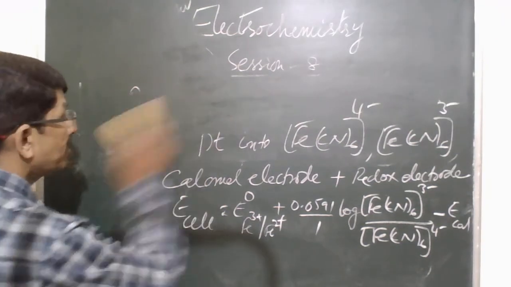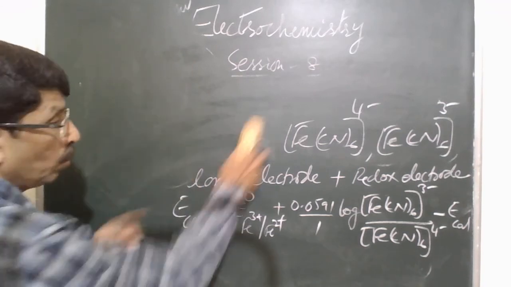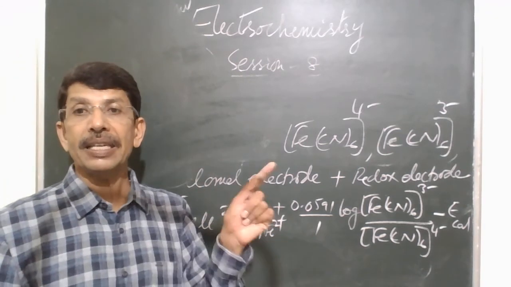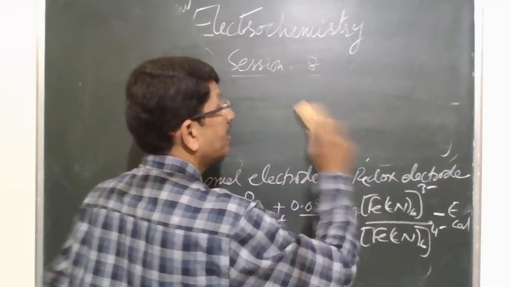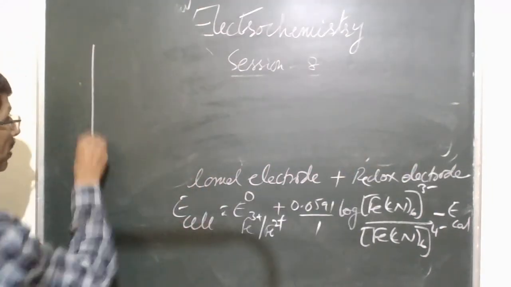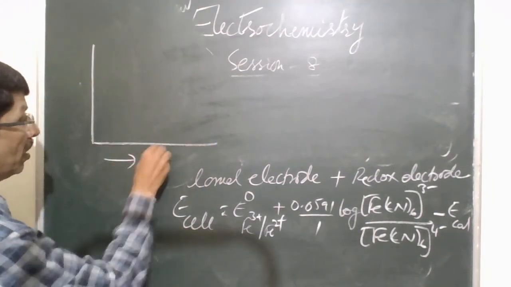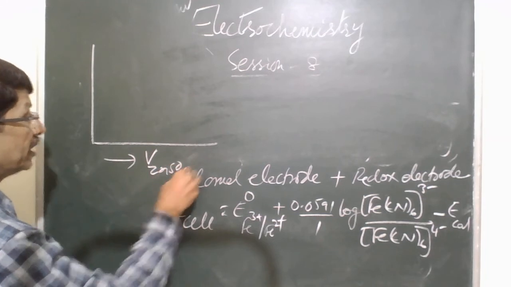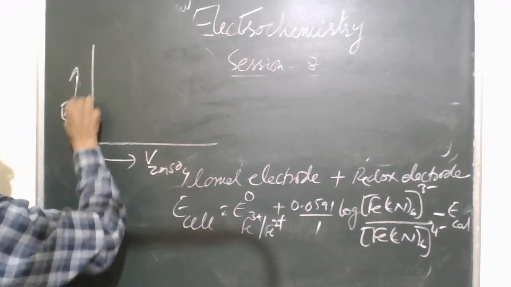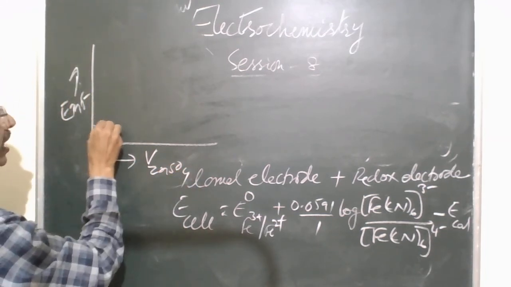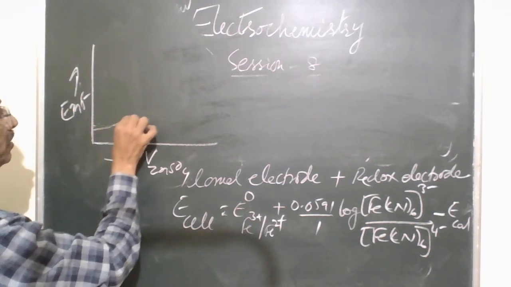So what is the nature of the graph that we obtain? We learn from this expression that EMF gradually increases. Therefore, when we plot the graph of volume of zinc sulfate versus EMF, we obtain a graph of this fashion.